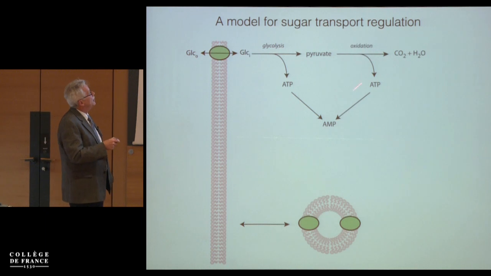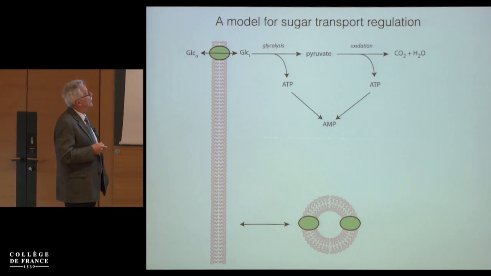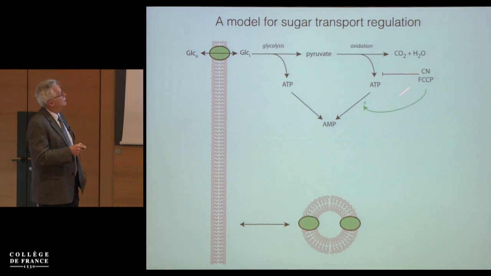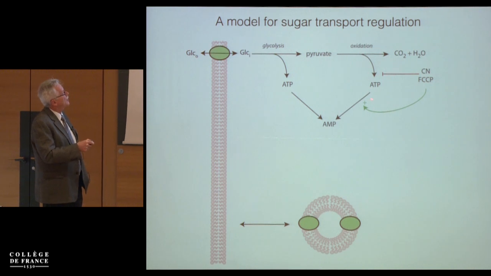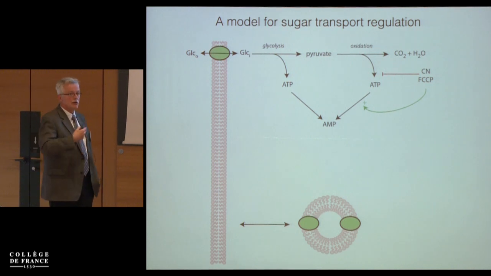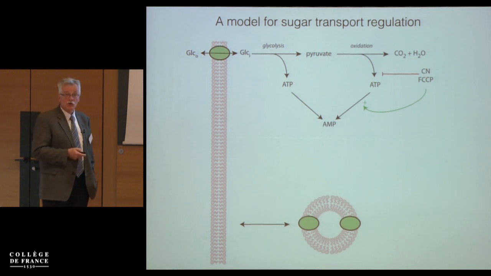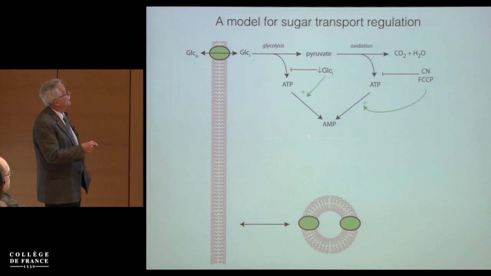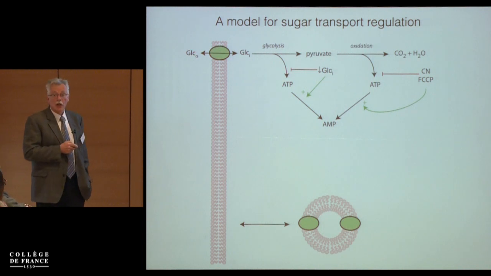But that ATP, when it's used, also leads to AMP production, which we can exacerbate or increase by treating either with cyanide, which blocks ATP production oxidatively, or FCCP, which stimulates ATP consumption. We can also increase AMP levels by blocking glucose uptake through hypoglycemia.